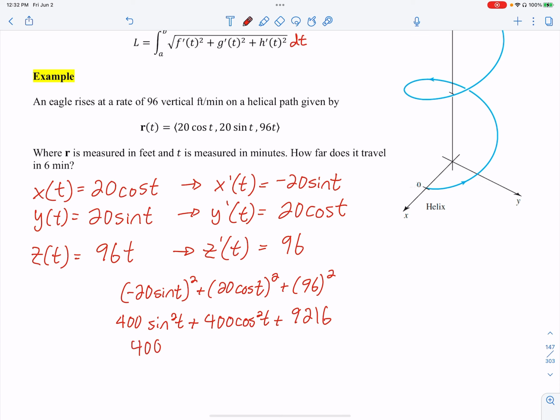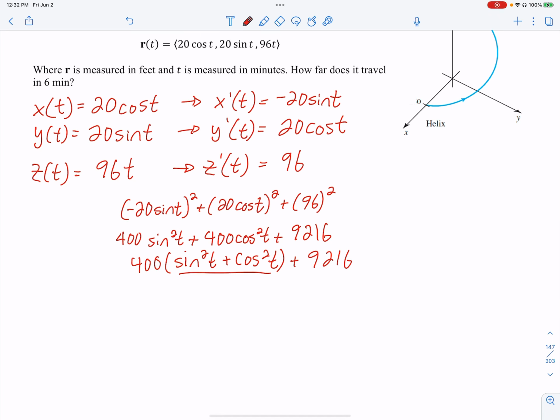Notice that I can take out 400 of this part, and this is what we were wanting to happen. Sine squared plus cosine squared is equal to 1, leaving me with 400 plus 9216. That's what's going to go in the radical.